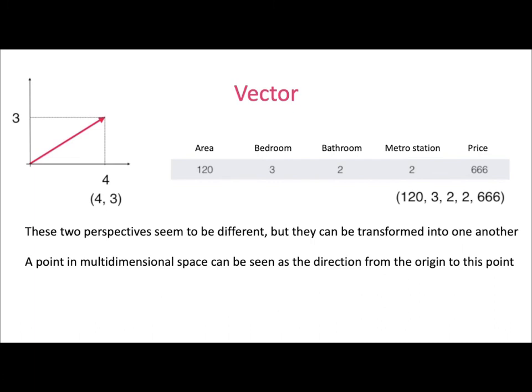And then our current house corresponds to these 5 dimensions, and is the point corresponding to these values. So once we use this perspective, the two perspectives can actually be exchanged, because a direction and a point are actually one-to-one corresponding.